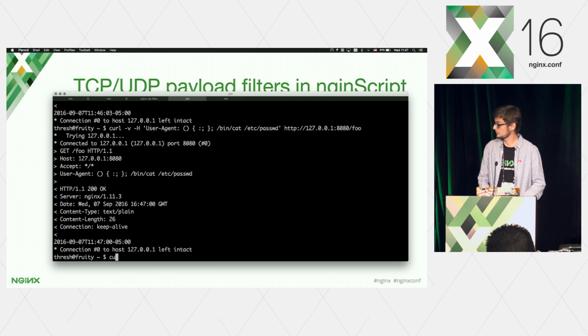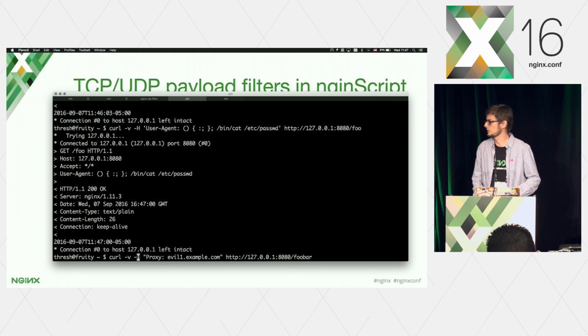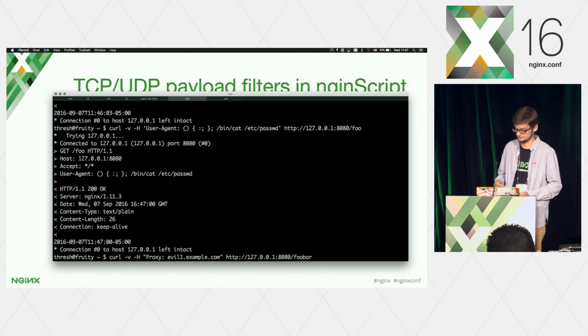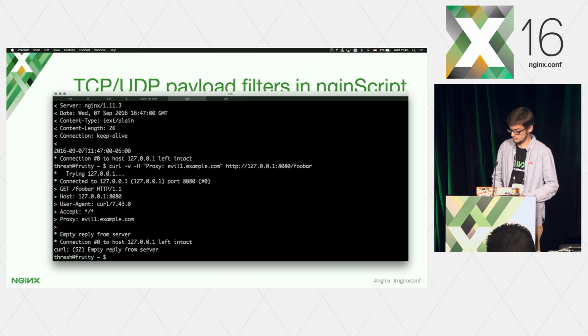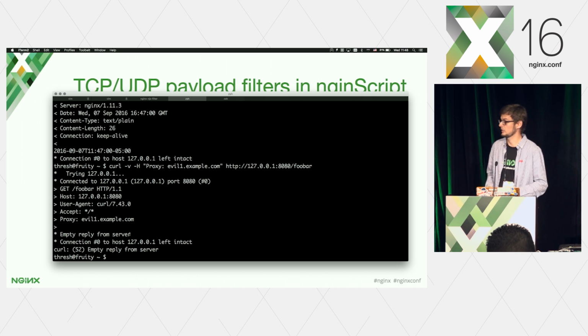All right, but what if I do the HTTPoxy thing, right? I'm doing the same header as I did in the previous example. I'm adding a proxy header directing our backend to go to evilexample.com proxy. But as you can see, curl sent the request and received no reply from the server, which means that nginx that was staying in front of your backend had actually saved the day.